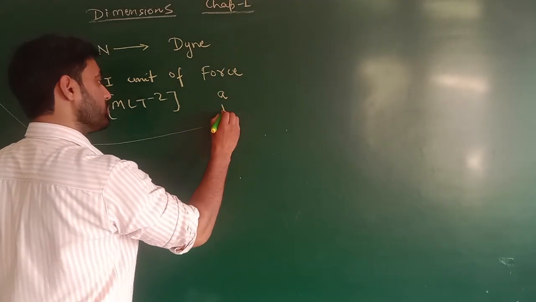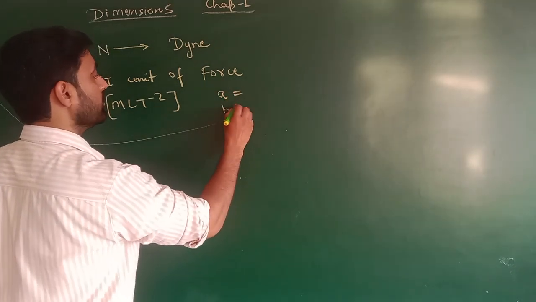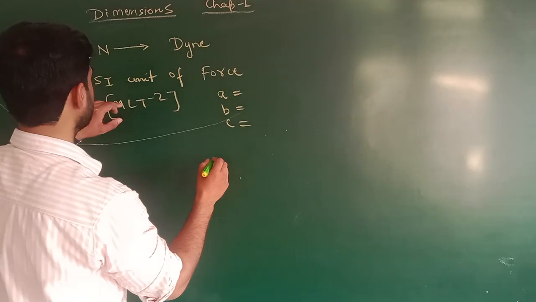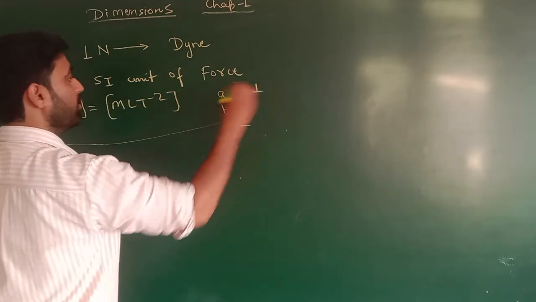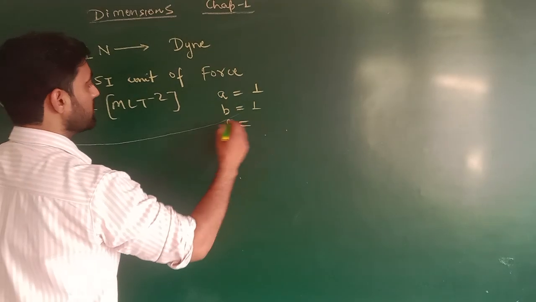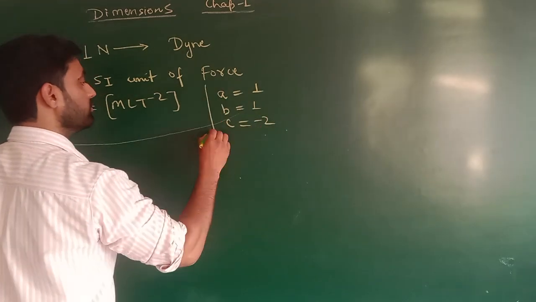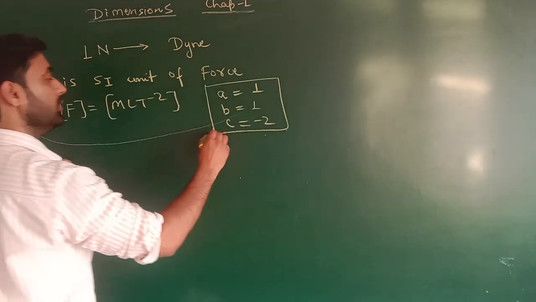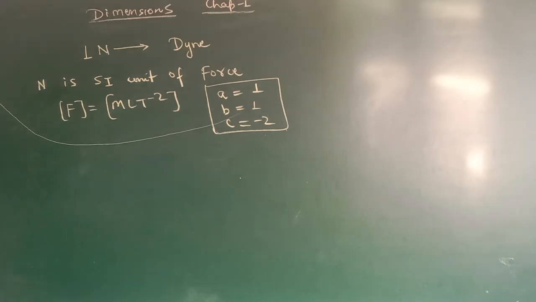Let's find out the values of A, B and C. A means M power 1, B means L power again 1, C means T power, that is minus 2. Let's keep them aside. Now next is, what is the formula?